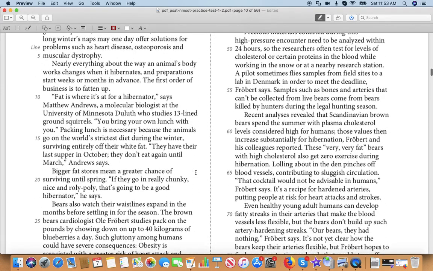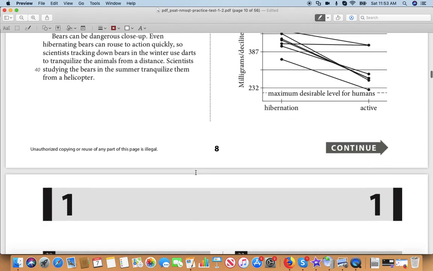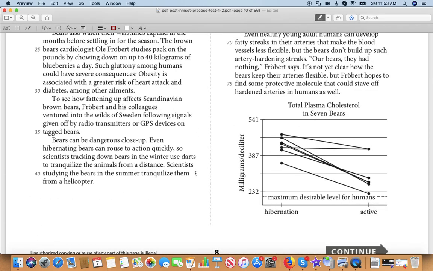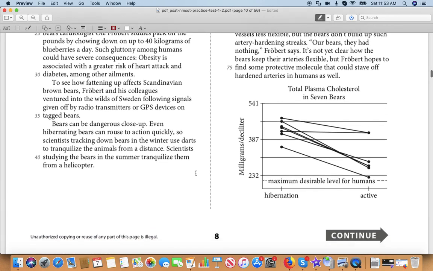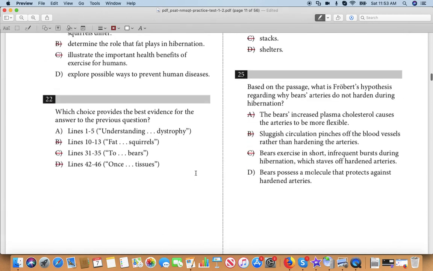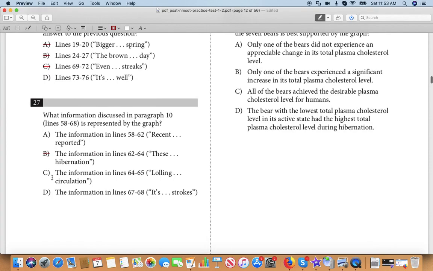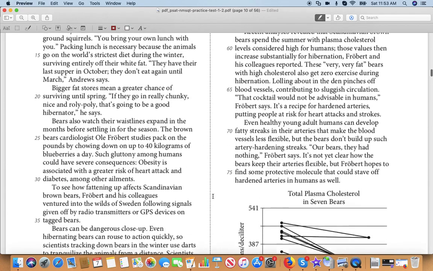Go to read answer choice C, 64 through 65. Lolling about in a den pinches off blood vessels, contributing to sluggish circulation. Do we see that information represented in the graph? No. It's gone. Just no. This is so easy. D, 67, 68.